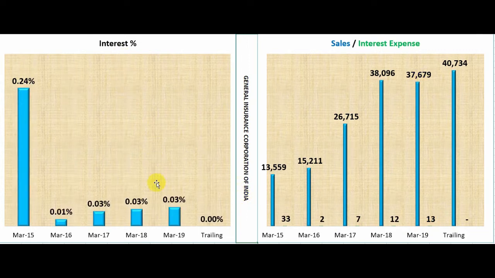Interest expense is also very low since this company collects premium and doesn't have any debt on its book. Most of the premium is classified under long-term liabilities or other liabilities and is not considered a debt or a borrowing. So interest cost is again very negligible, just 13 crores in March 19 against the total sales of 37,000 crores.